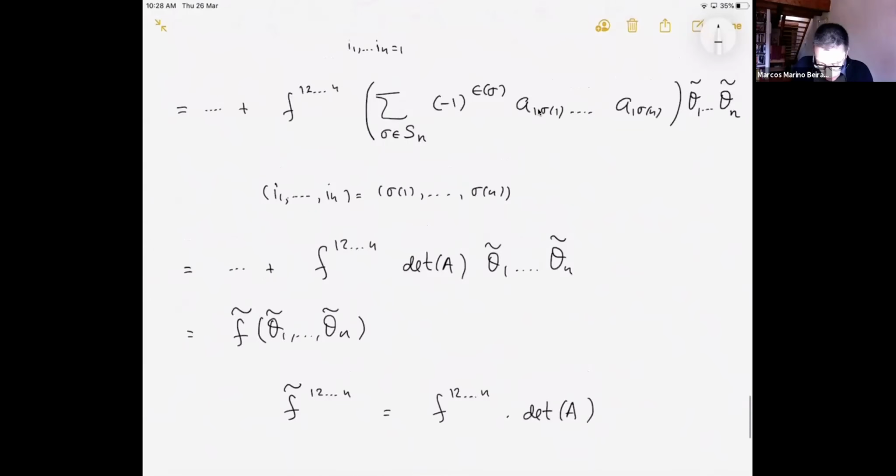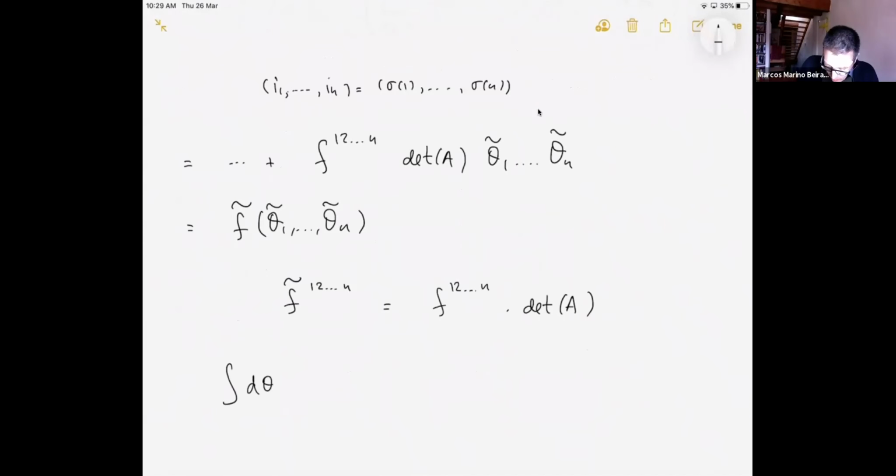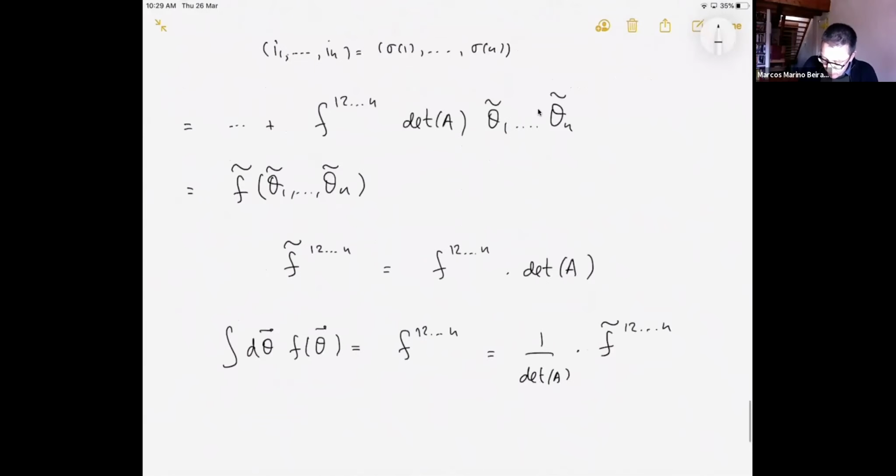And now we're almost done, because this is by definition f_{1...n}, which is 1 over the determinant of A times the top coefficient of f twiddle.